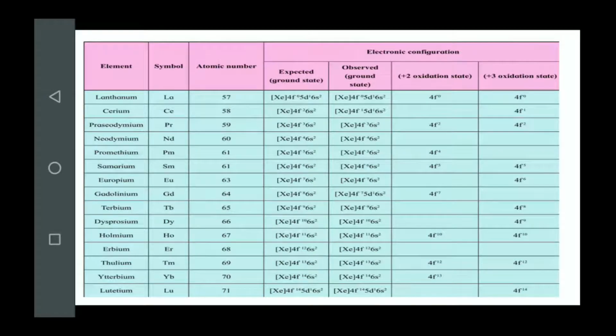Then after gadolinium, from terbium to lutetium, the last lanthanoid, the expected and observed electronic configurations are the same.